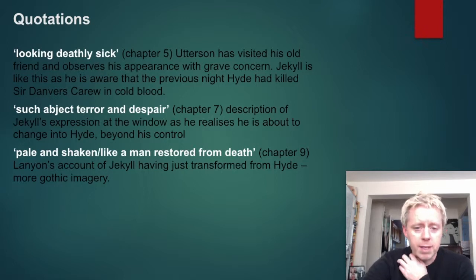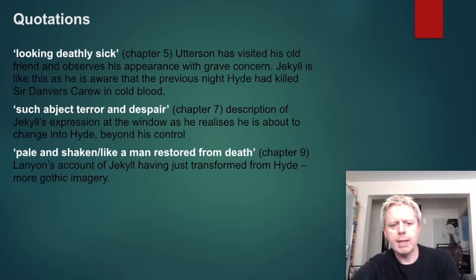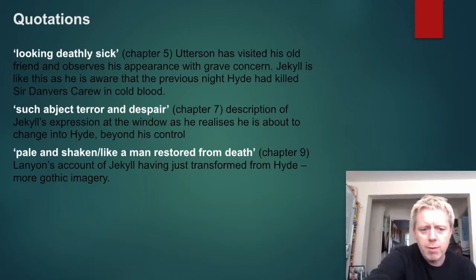As we develop into the novella, we realise, retrospectively in chapter 10, that Jekyll had begun to lose control about when and how he turned, and where he turned into Hyde from Jekyll, where this transformation took place.